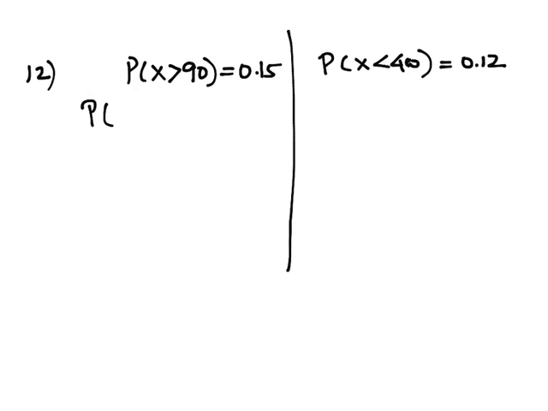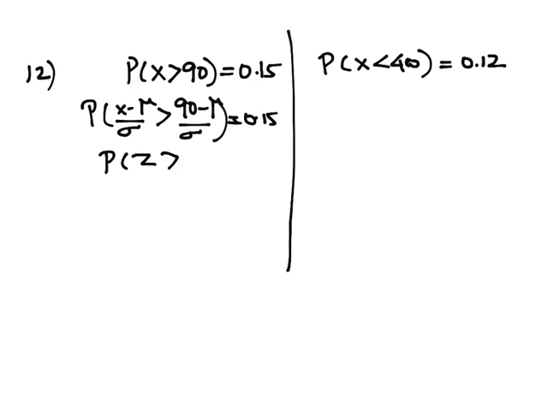So P of x minus mu by sigma greater than 90 minus mu by sigma is 0.15. That means P of z more than 90 minus mu by sigma is 0.15.